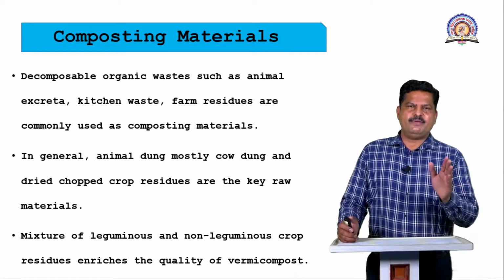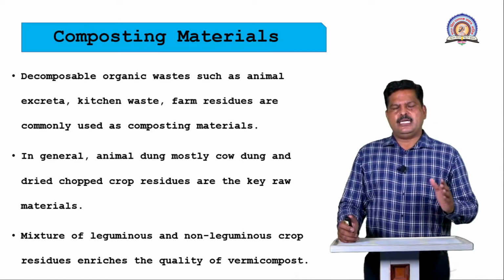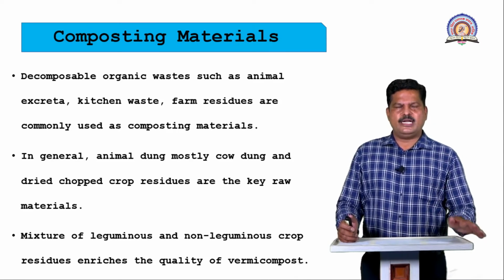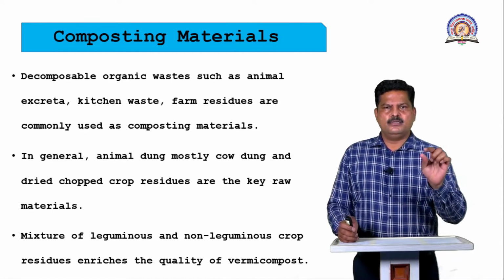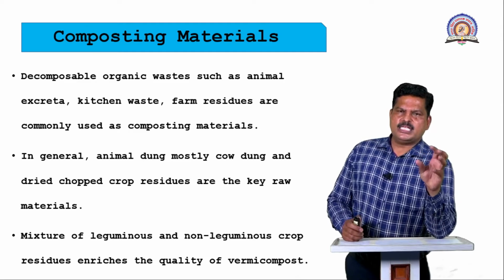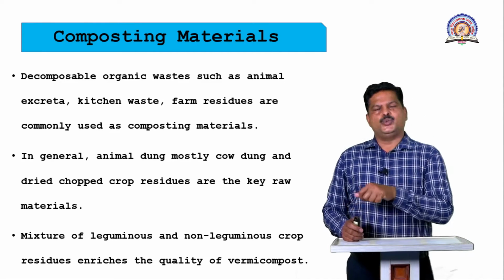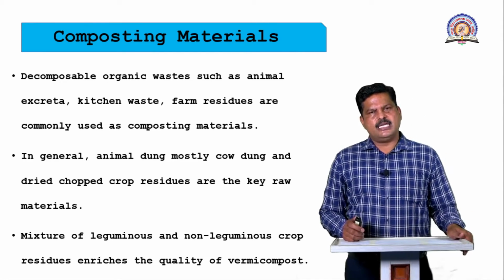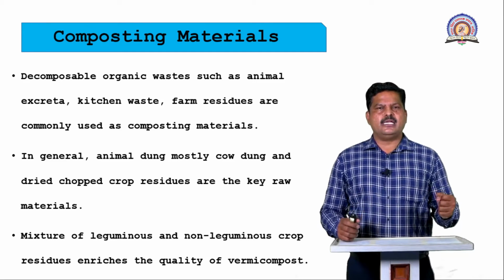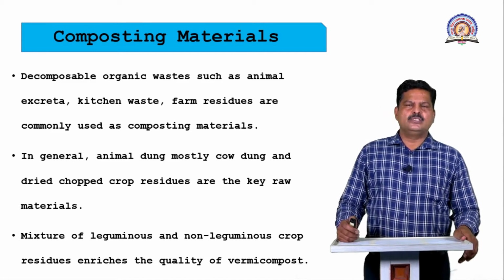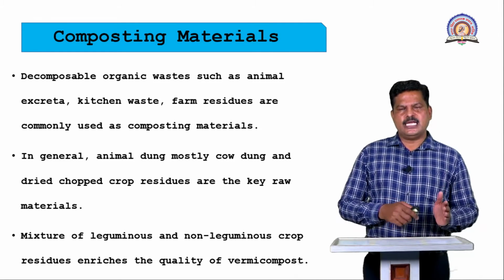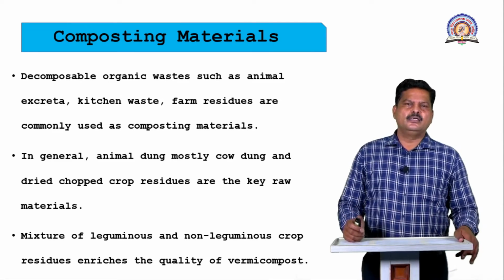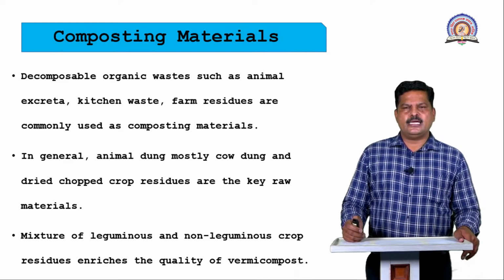Leguminous means root nodule plants, for example groundnut. When we add leguminous plant waste into the composting material, it will be enriched with minerals and vitamins. So the quality of vermicompost is very high, which directly affects the yield in agriculture.